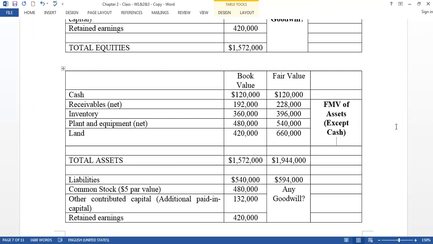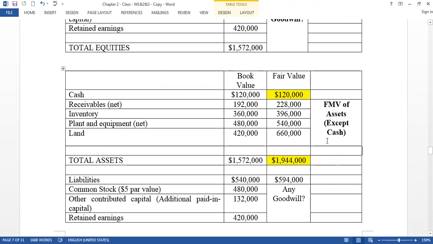So what is the amount here? Fair market value of asset except cash. This is the total fair market value, $1,944,000, minus the cash, except cash.